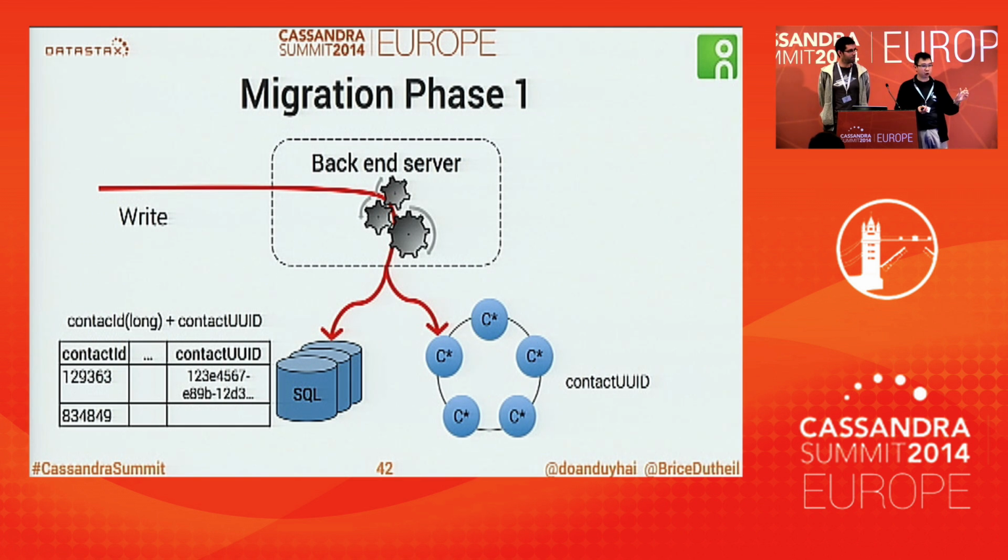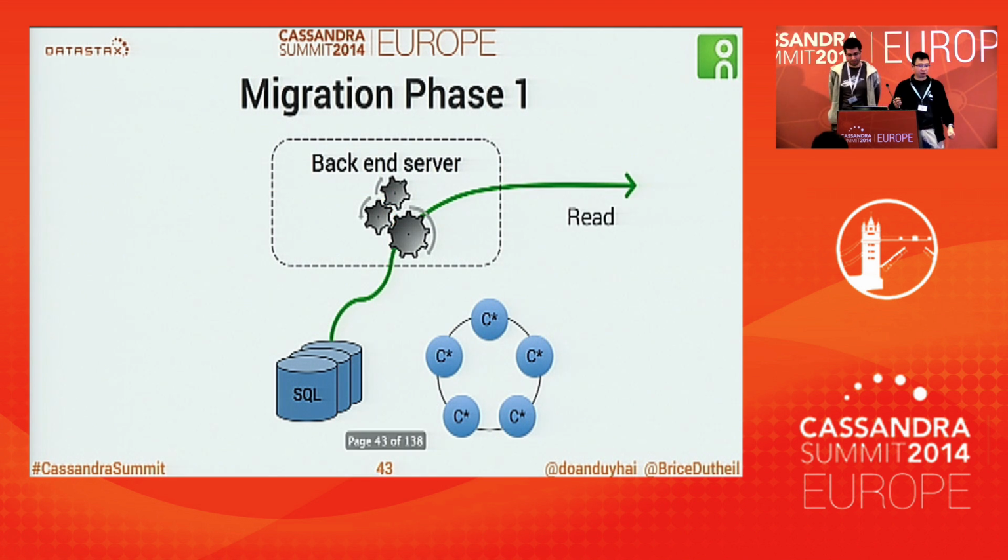It means that if you have a contact in this table with a null contact UID column, this contact has been created before phase one, of course. So this is phase one. And when we are reading data, we still read from Oracle. So from the external client point of view, nothing has changed. No breaking change.